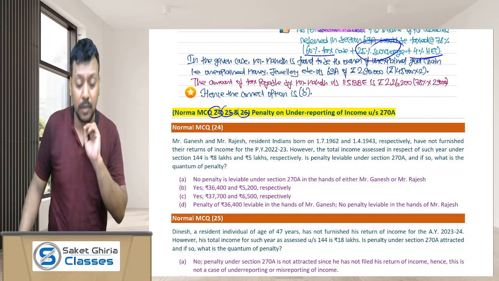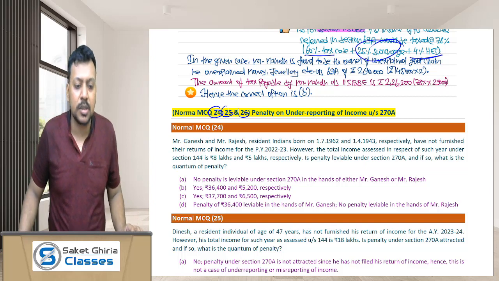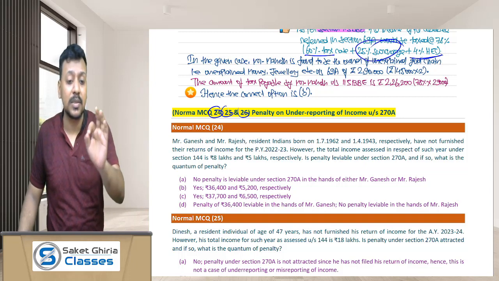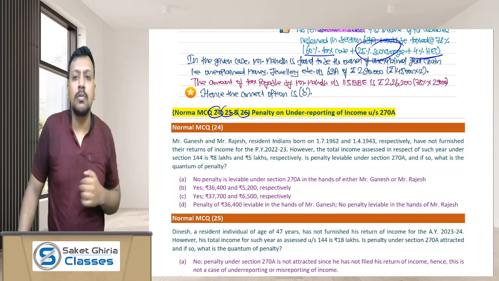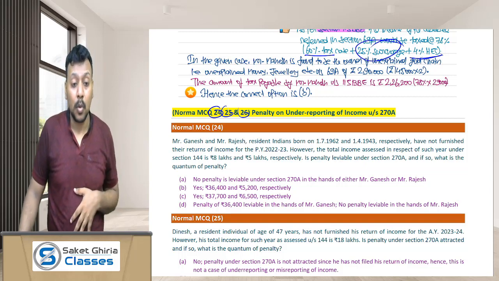Listen to me very carefully. You have not filed your ITR, your income is assessed under section 144, the best judgment assessment, and if that assessed income is more than the basic exemption limit, it amounts to underreporting of income.